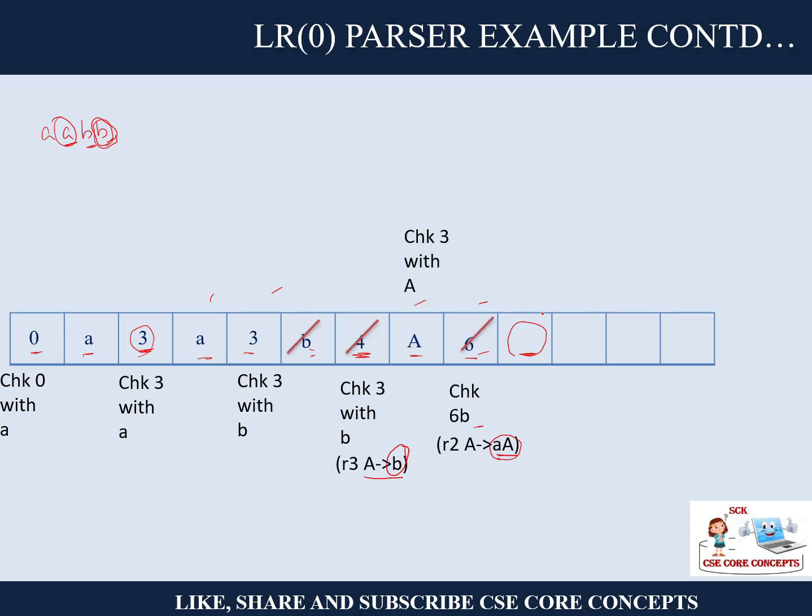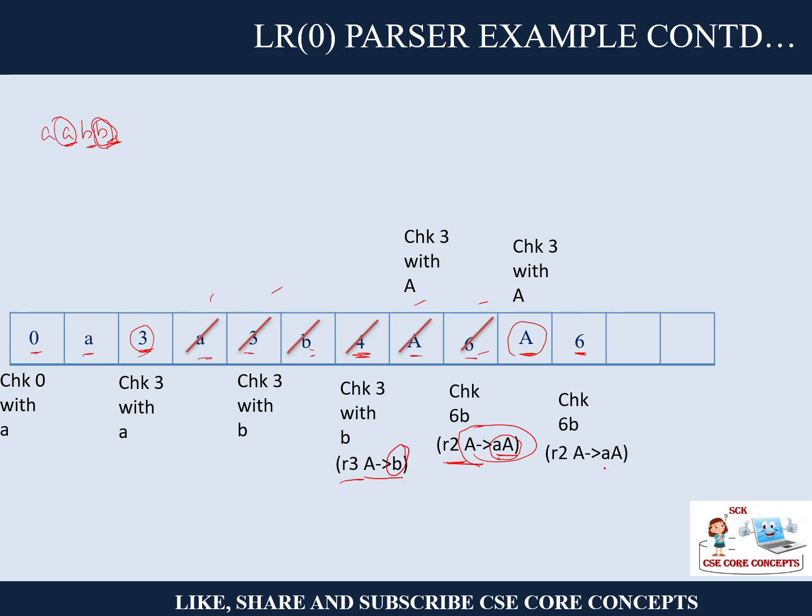So you are going to write down 6 over here, right? Now you check 6 with B. Since your string is again B, you have not moved ahead, right? Because it was a reduce. It was not a shift. 2 times we got reduce. So 6 with B, again if you check, you will get again this rule, R2. So it is telling you again to reduce.